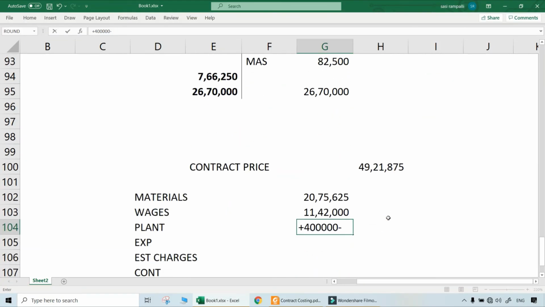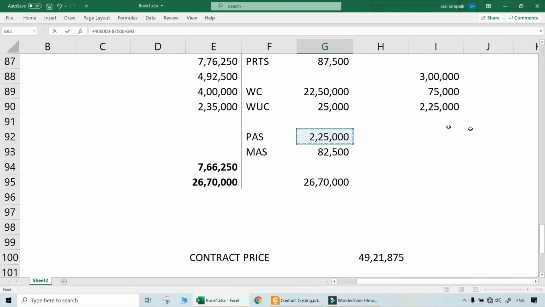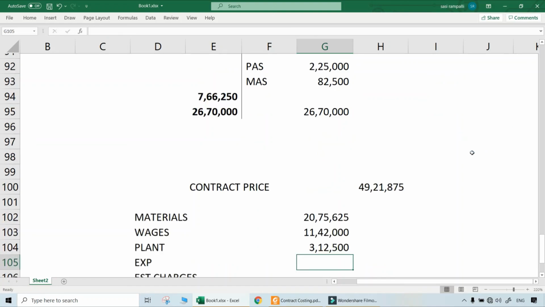That was the value of it. Then later, how much would be the plant at site at the end of the next period, that we have to find out. As far as our calculation was concerned, it was 2,25,000.